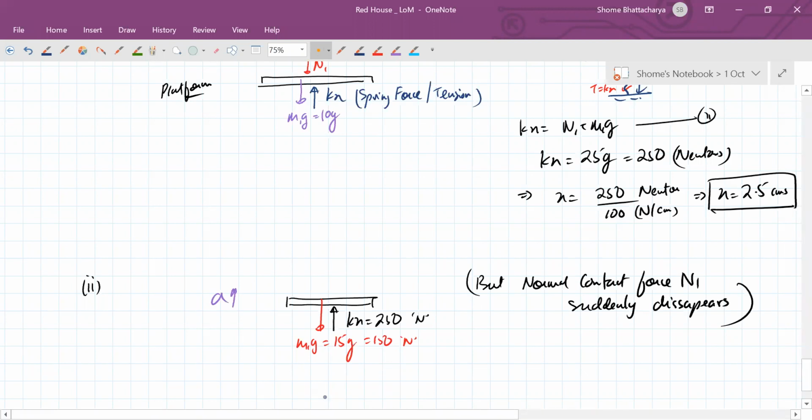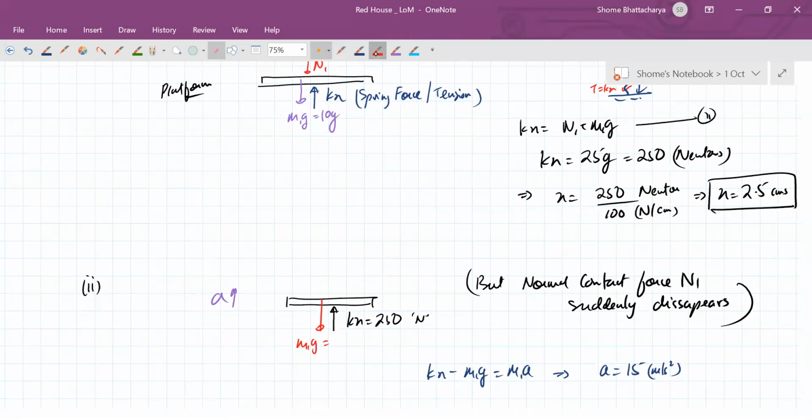Okay, so Kx minus m1g is equal to m1a. So substituting this, you will get the acceleration. In fact, it is very large. Sorry, this is 10g, my mistake. So this will be 100 newtons. So that's why this is becoming 250 minus 100.